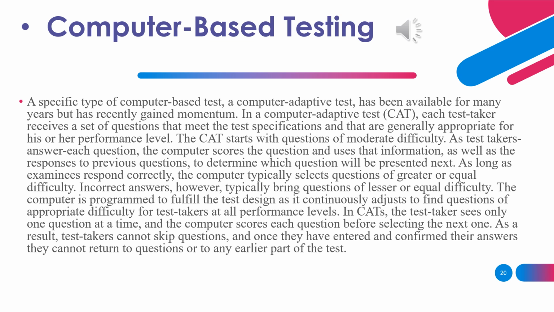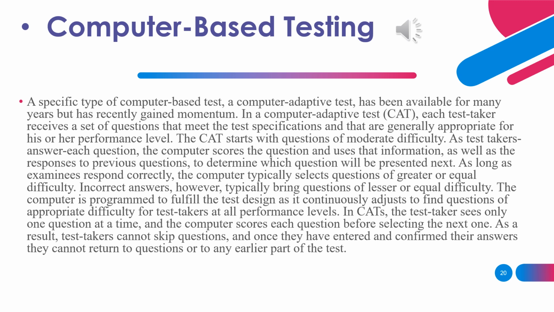Computer-based testing, a specific type: the computer-adaptive test has been available for many years but has recently gained momentum. In a computer-adaptive test, or CAT, each test taker receives a set of questions that meet the test specification and that are generally appropriate for his or her performance level.